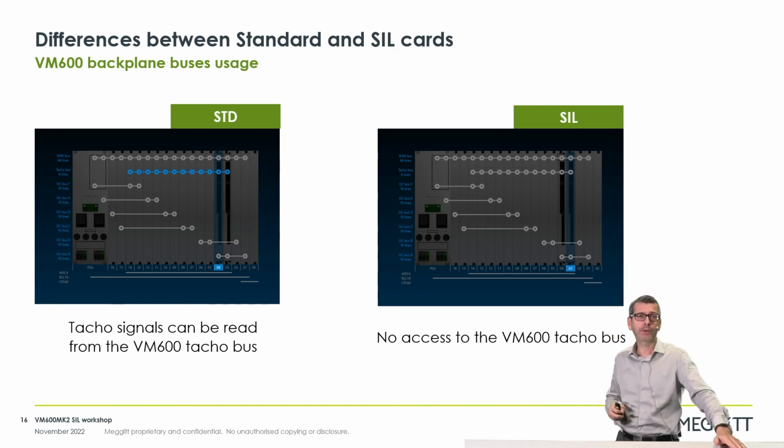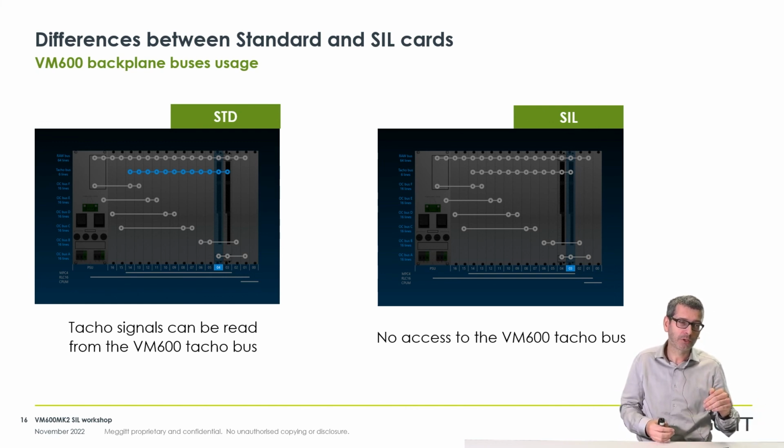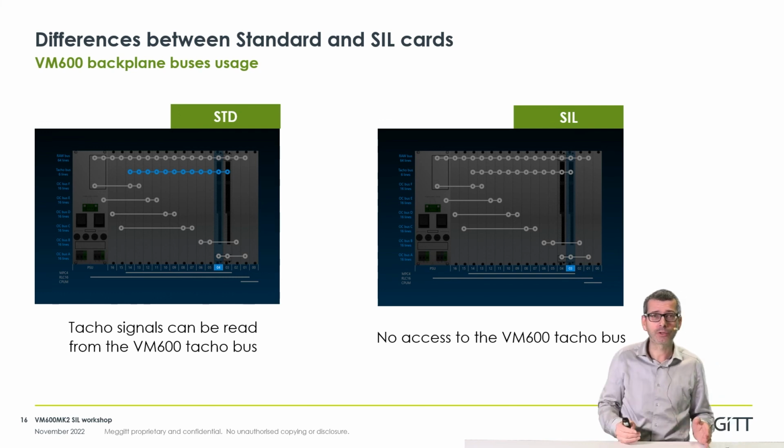Both SIL and non-SIL can do that, and the same applies for sending TACO signals to the RAW bus, but the difference comes when we talk about receiving a TACO signal from the TACO bus. The standard card can receive the speed signal via the TACO bus. So maybe we are monitoring one machine, and we need multiple MPC4s, but the speed of the machine is the same for all the MPC4s.